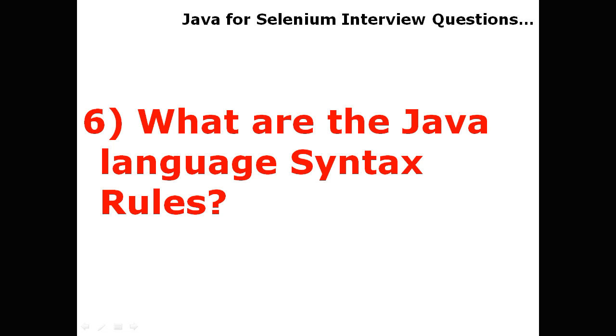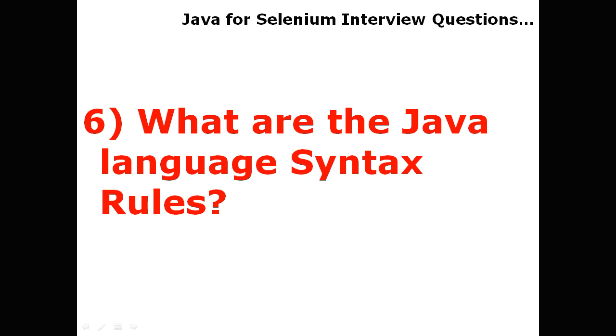Java is case sensitive language. There is a difference between uppercase and lowercase letters. For example, C language is case sensitive. VB script, Visual Basic Scripting Edition, is not case sensitive, but Java is a case sensitive language.